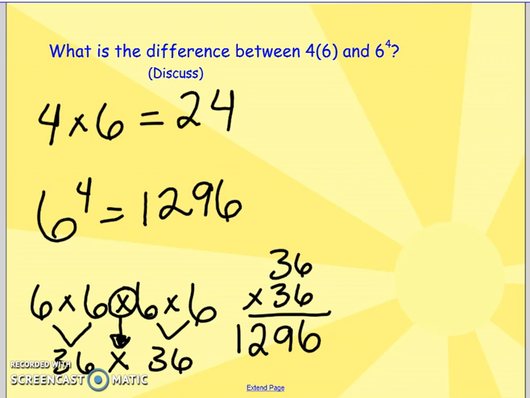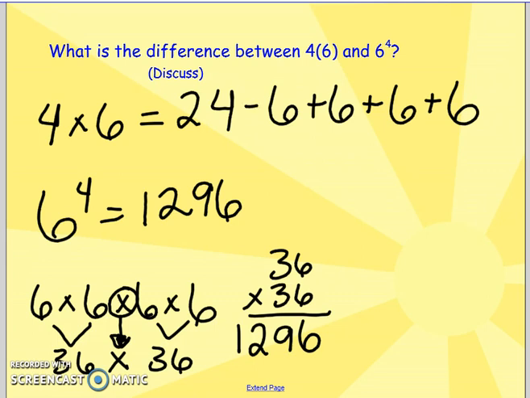This is the part that you need to have written down. What is the difference between these 2 types of problems? Okay? Well, this one is repeated addition, right? 4 times 6 is the same as 6 plus 6 plus 6 plus 6.